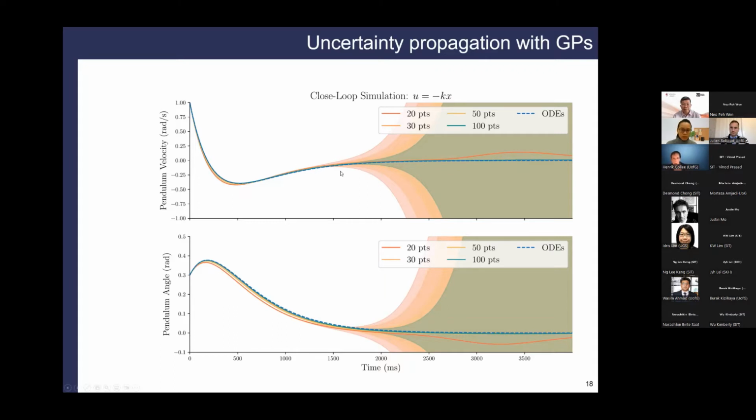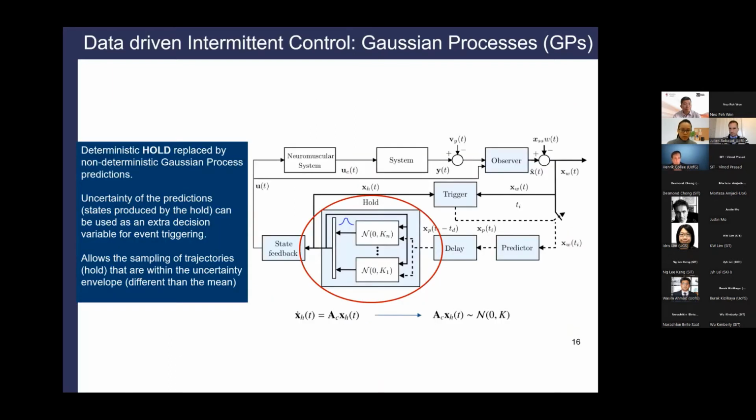And over time, this confidence limit with uncertainty propagation will reflect the level of certainty we have in the solution. And we can apply this in the context of intermittent control by using this uncertainty propagation to see when we actually have to use feedback again.